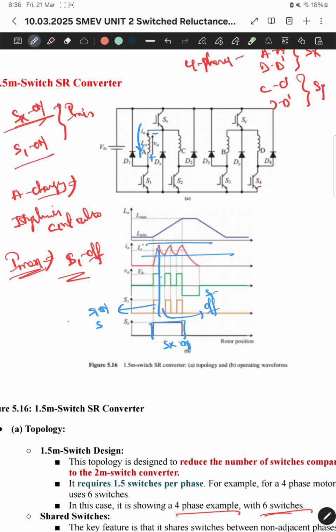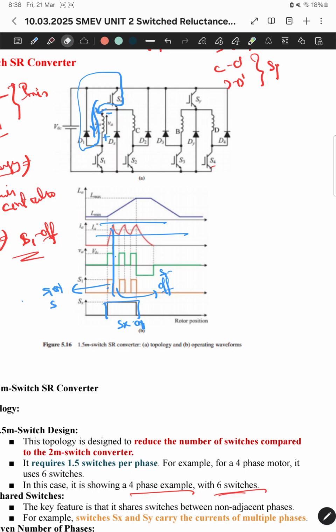You can see that the current will be flowing through this inductor and through D1. As Sx is already on, it is forming a closed path here.